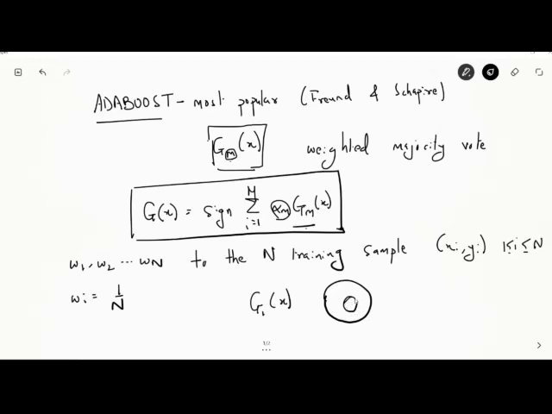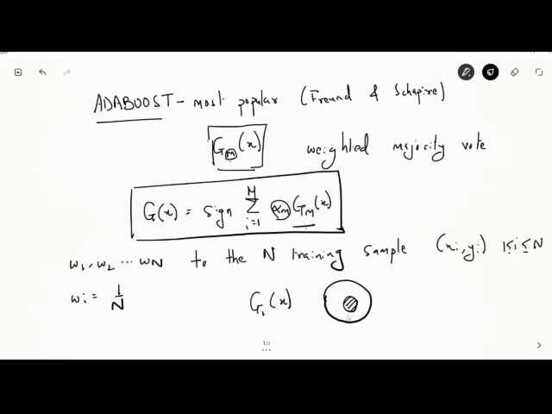Suppose this is the area that is being incorrectly classified by G1(x). Now what AdaBoost does is it increases the weights of these misclassified data points, and it decreases the weights of the correctly classified data points.